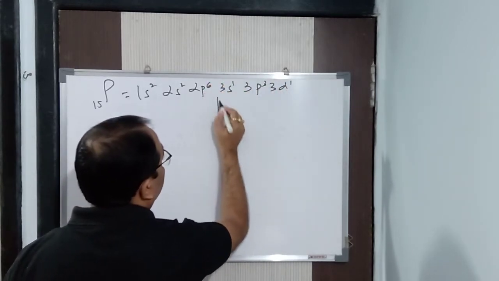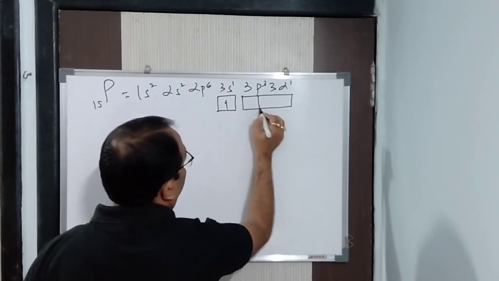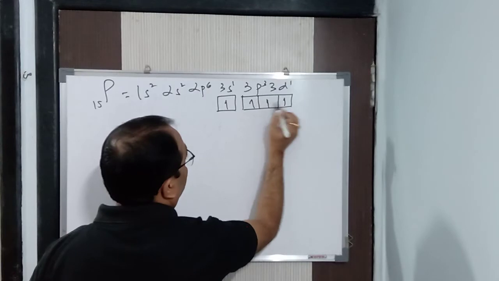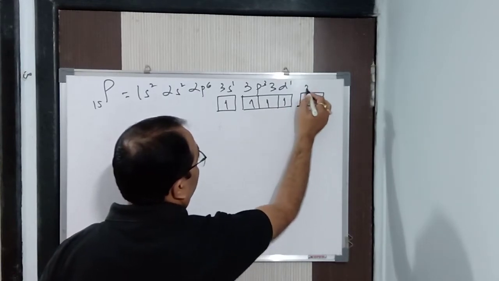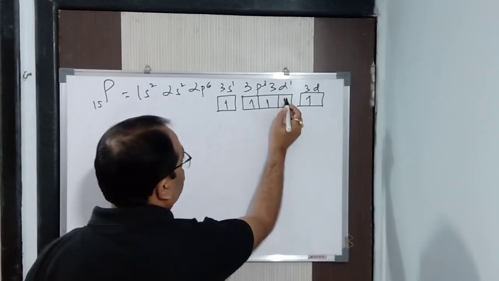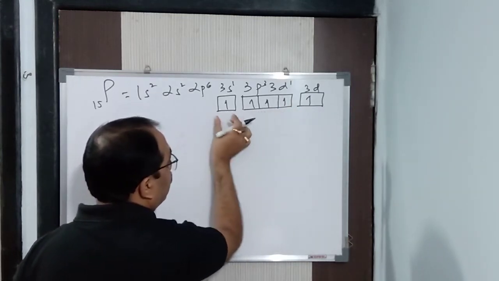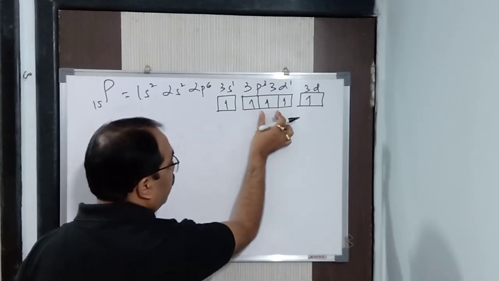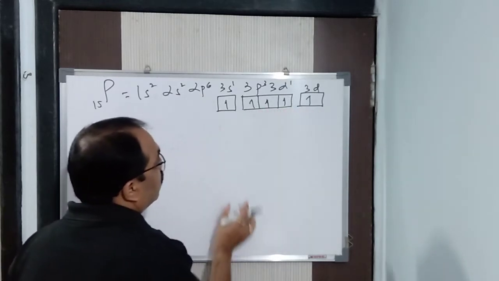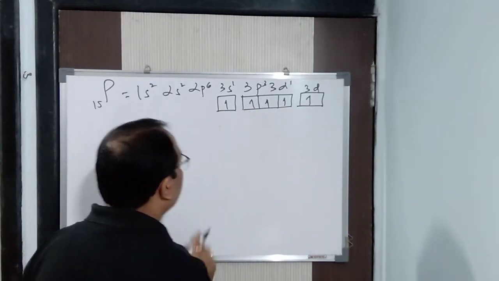So what do we get here? 3s1, 3p with 3 unpaired electrons, and 3d with 1 unpaired electron. So 1, 2, 3, 4, 5. To these 5 unpaired electrons, 5 chlorine atoms will come: one chlorine here, one here, one here, one here, one here. So 5 chlorines, hence it forms PCl5.